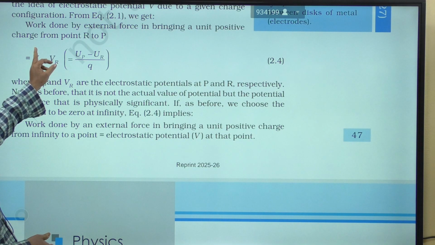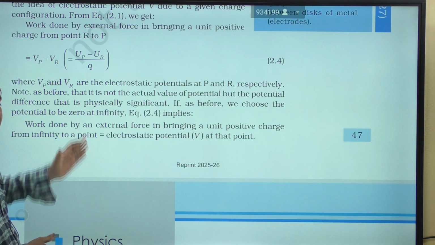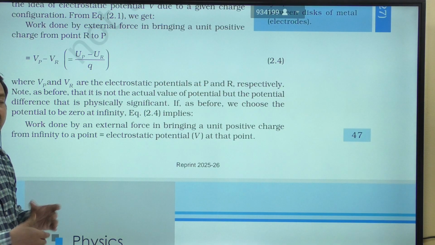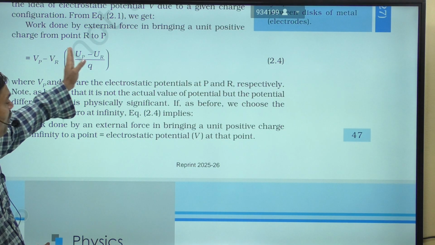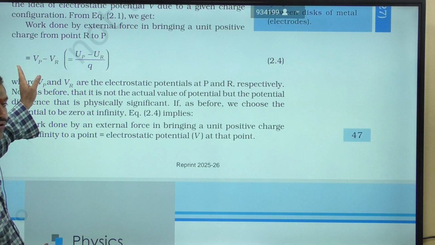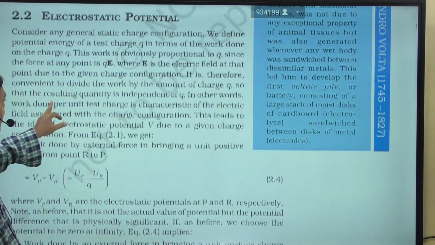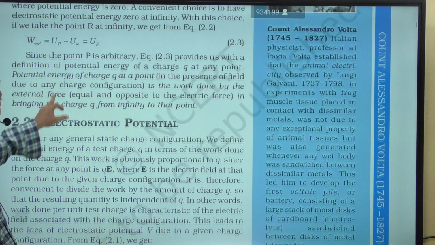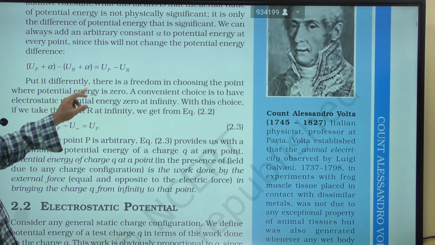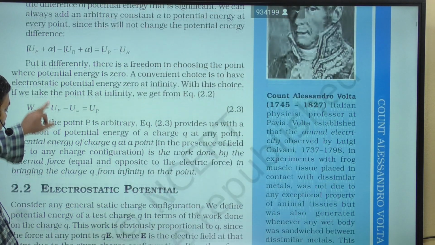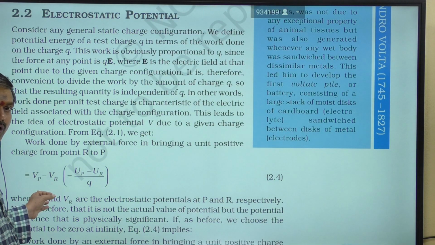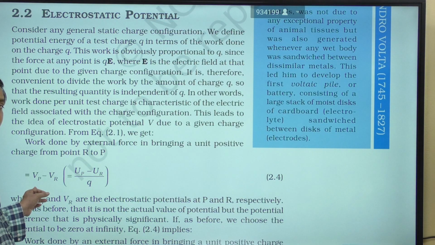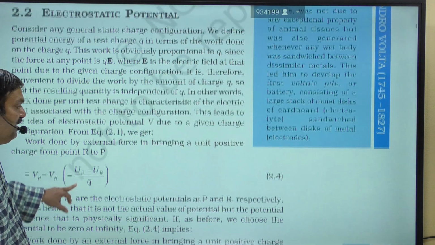Once again, because we have seen electric potential as a work done by the external force against the repulsive force by bringing a unit positive charge from point R to point P. So which is nothing but Vp minus Vr. As we have seen here, it is nothing but Vp minus Vr, right? So that's what we have seen. Now therefore we can separately take, that is potential. See, electrostatic potential is the difference of potentials from the point P to that of point R. That's what we have defined, right?